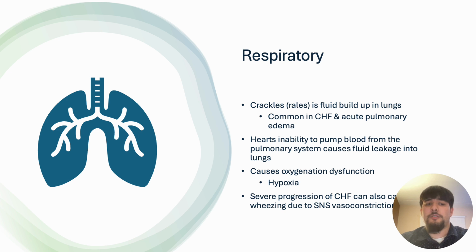Obviously, having all that fluid in the lungs, it does cause oxygenation dysfunction, leading to hypoxia. And severe progression of CHF can also cause wheezing due to the sympathetic nervous system's vasoconstrictive effects. The lungs are doing probably just as bad as the heart whenever CHF exacerbation is at its severe, moderate, or even to the point of a cardiogenic shock.